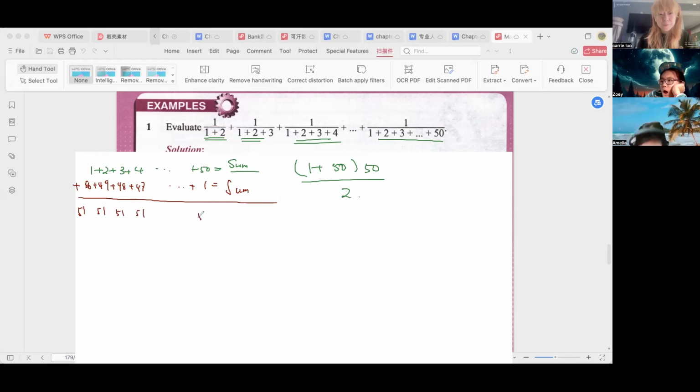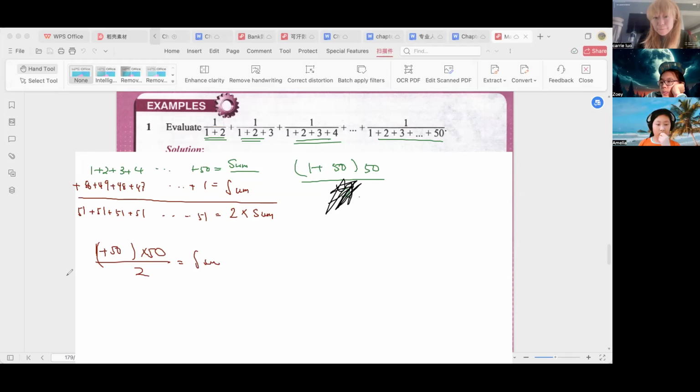And 50 plus 1 equals 51, and that equals 2 times the sum. Did you get it? So my question is, how many 51s are there? Are there 50 of them? Right, so 50 of them. That's why it's 1 plus 50, times 50, divided by 2, equals the sum. Get it?